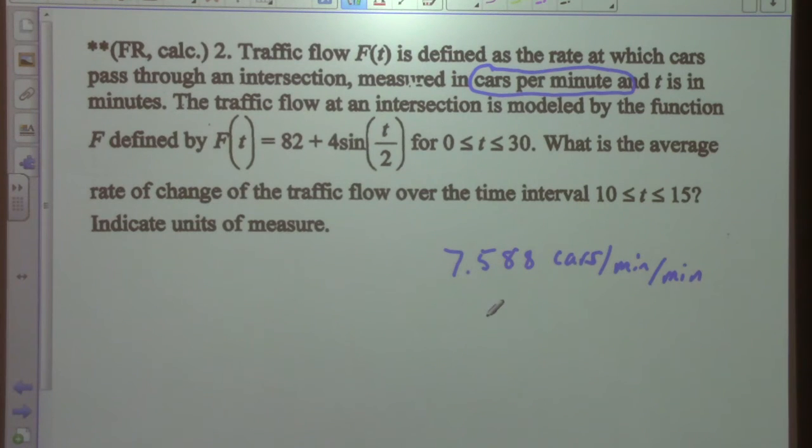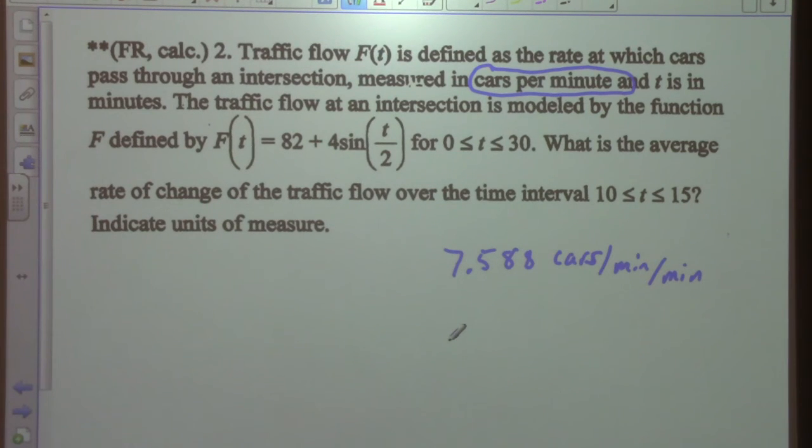Now, I want to talk about place value, because Hannah was really good at this a minute ago. She talked about 7.59, is that what you got, Hannah? Well, the thing about it is, I'm going to be talking a lot about AP test standards. AP test standards are 3 decimal places.